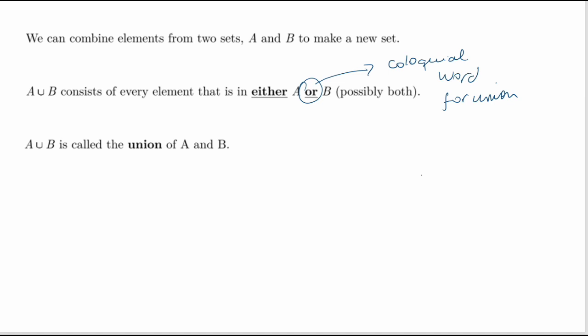So sometimes you won't hear, do an operation A union B. No, you will hear take elements of A or B, right? So it's an English word for union. Every time you hear or, so take elements from A or B, it means that you're taking elements from A or B, and whatever is sitting on both of them.